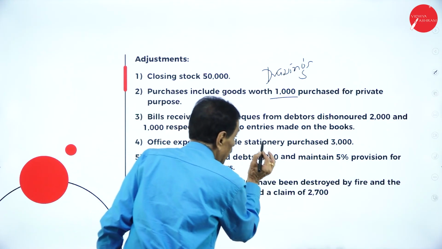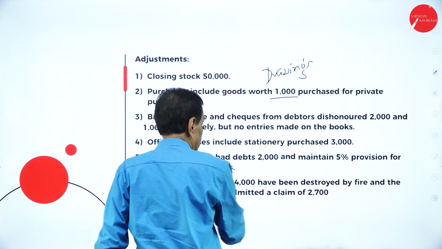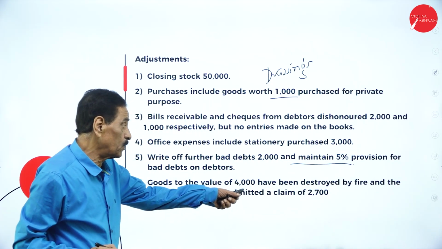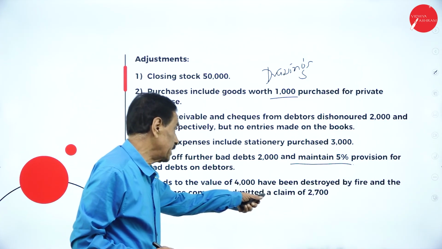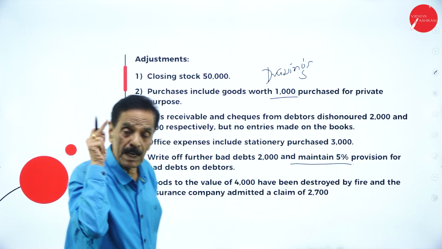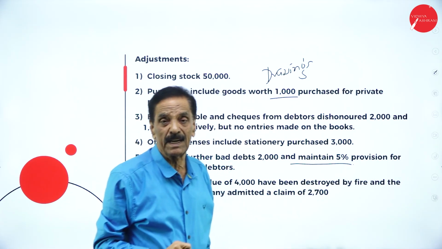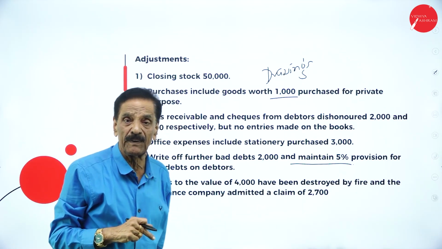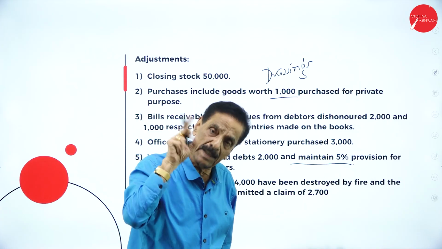Further bad debt 2,000 and maintain 5% provision for bad debt on debtors. I will explain. Goods to the value of 4,000 have been destroyed by fire and the insurance admitted the claim. So 4,000 will appear on the trading account credit side. 2,700 will come on the asset side of the balance sheet. Whatever the difference comes, 1,300, will come on the profit and loss account debit side.